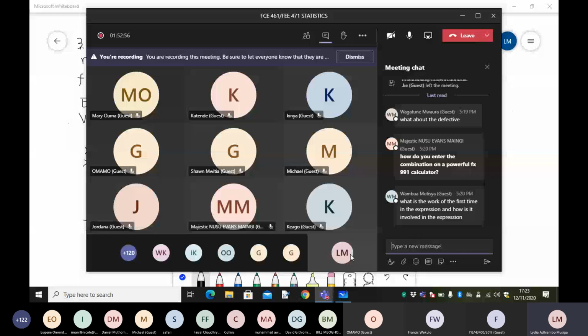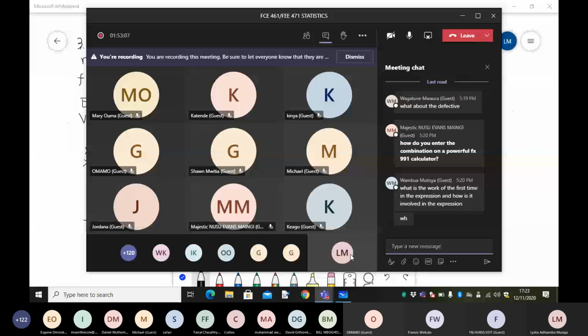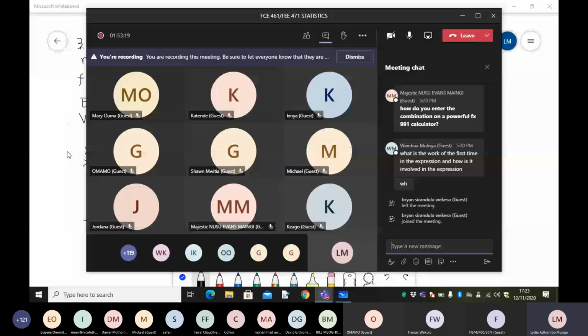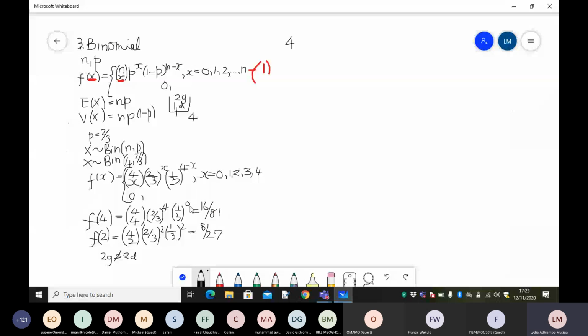I don't understand this, Wambua. And how is it involved in the expression? I don't understand that one. Can you rephrase the question? Rephrase that, please, Wambua. As you are rephrasing, I try to answer what about the defective, and then I come back to answer Wambua's question.